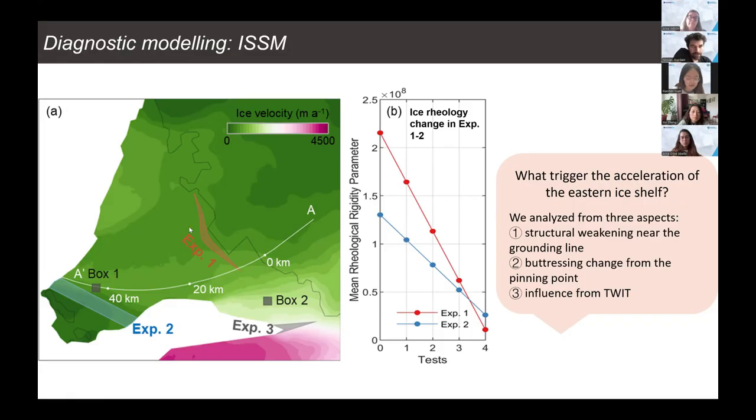For experiment 1 and experiment 2, we simulated fracture near the grounding line and near the pinning point. It's sheared near the pinning point by softening the ice rheology. And then to simulate the decoupling from the Thwaites ice tongue, we also removed this area.